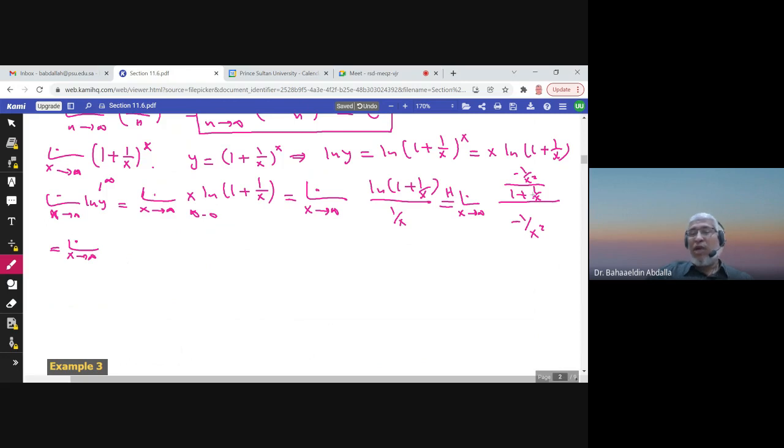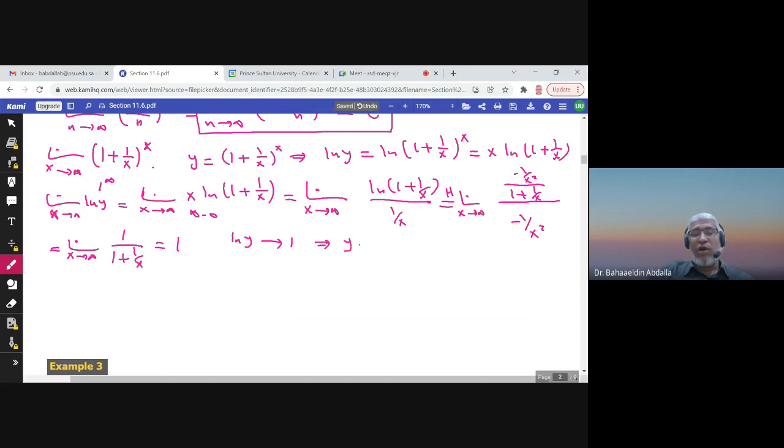Well, actually, I can cancel negative 1 over x squared with negative 1 over x squared, and I have just 1 over (1 plus 1 over x). And when I replace x by infinity, I'll get 1 over 1 plus 0, which is 1. So ln y goes to 1 when x approaches infinity.